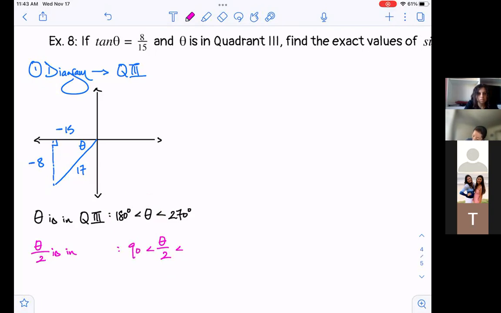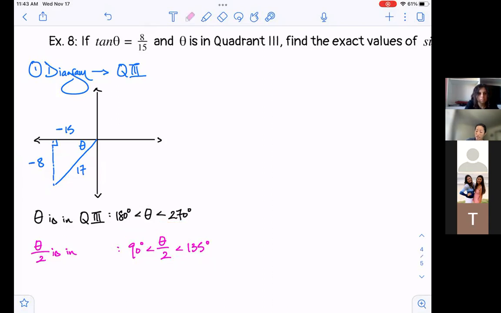Good, because I cut that in half. All right. What am I going to do to the 270? Same, right? And by same, we mean we're going to divide it by 2. Well, what's 270 divided by 2? Okay. So we divided everything by 2. We see that our angle has to be between 90 and 135 degrees.